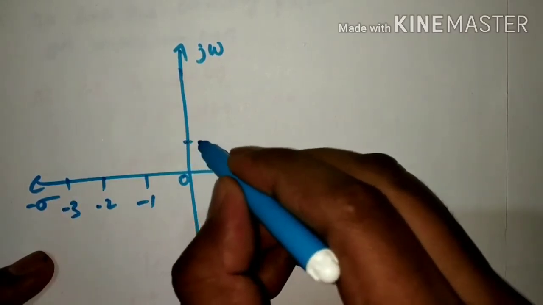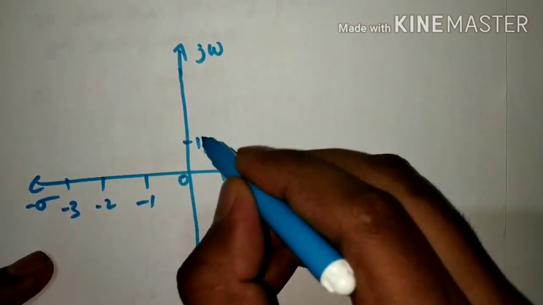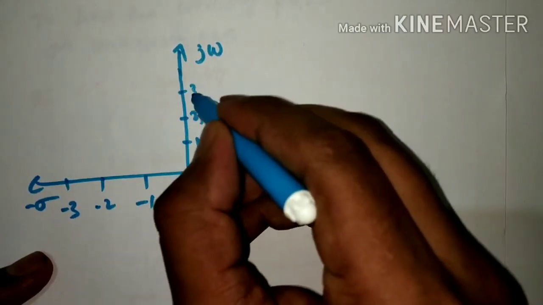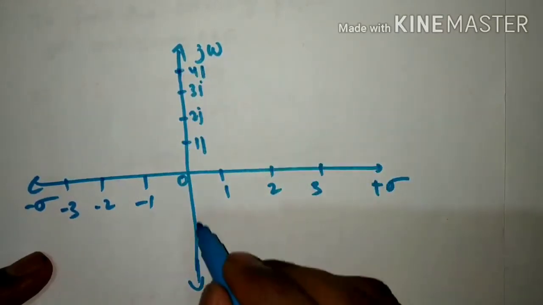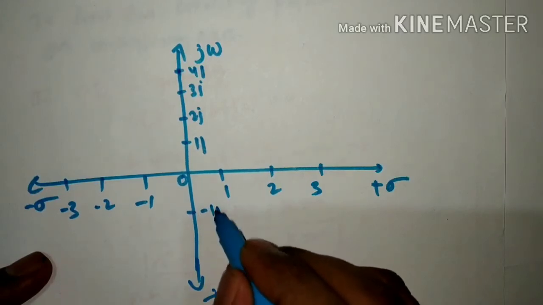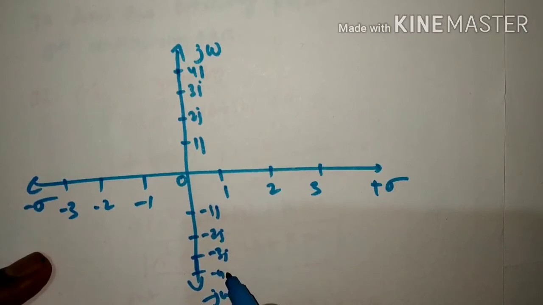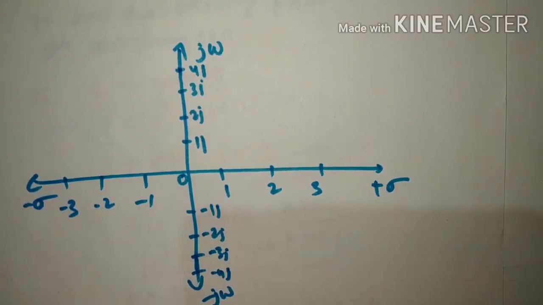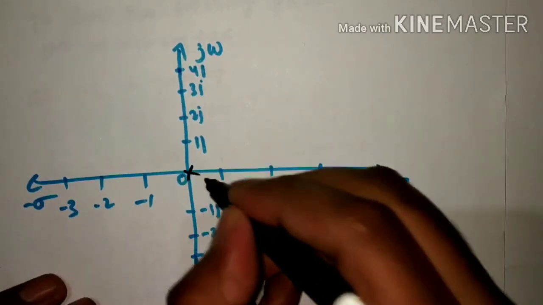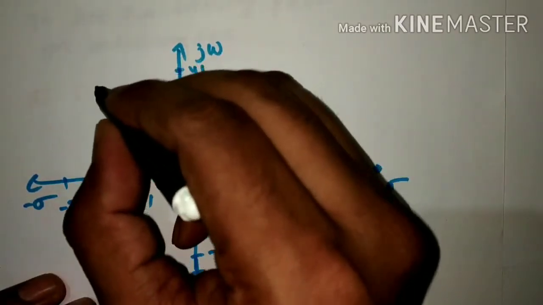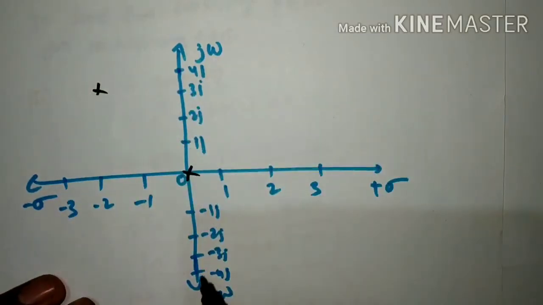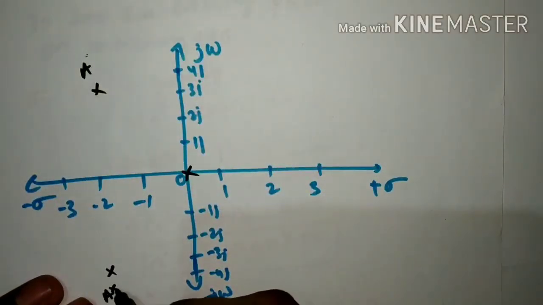Here 1j, 2j, 3j, 4j, and minus 1j, minus 2j, minus 3j, minus 4j. When you locate the poles, one pole is here, another pole is here, and another pole is here.